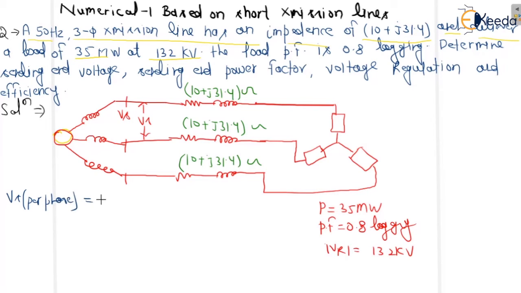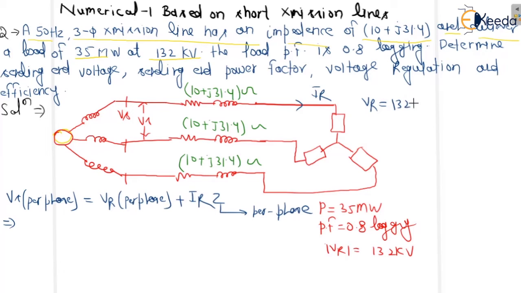Vs per phase is equal to Vr per phase plus IR into Z. This Z is per phase, that is why we are writing the whole equation per phase. So we are calculating Vs per phase, taking Vr as reference. Vr will be 132 at the angle of 0 degree line voltage.